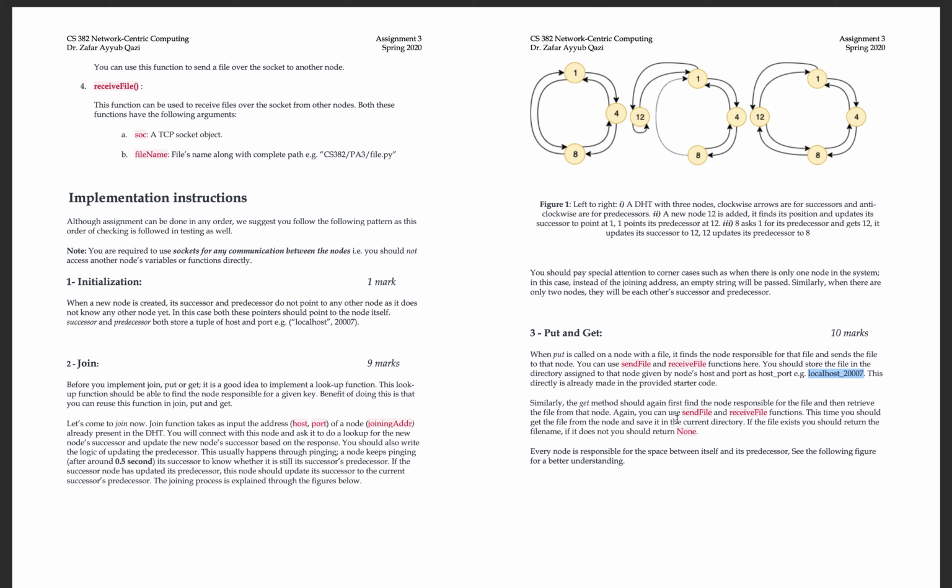If that node has the file, then you'll receive it, and this time you'll receive it in the main directory for the test cases to pass. In case the file does not exist on that node, you'll return null.